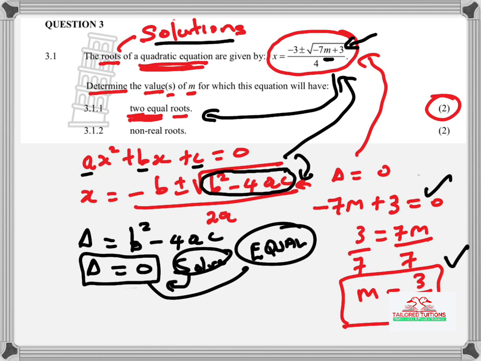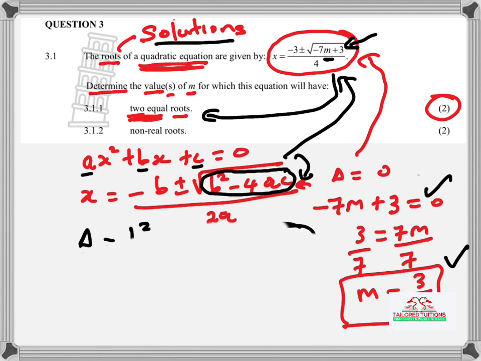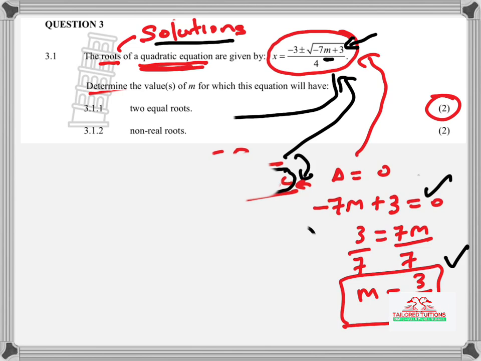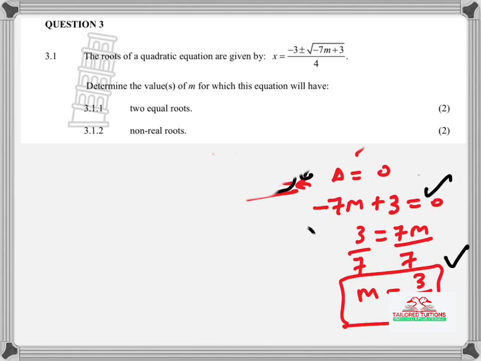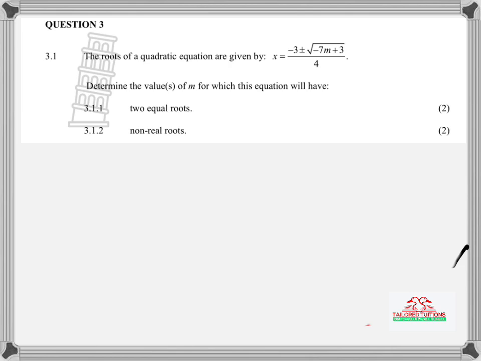All right, and then after that we have 3.1.2. Okay, please bear with me while I'm erasing this. So 3.1.2, we're still working with the same question, but now they are saying it is also possible in this quadratic equation to have the solutions or the roots that are non-real, depending on the value of m.